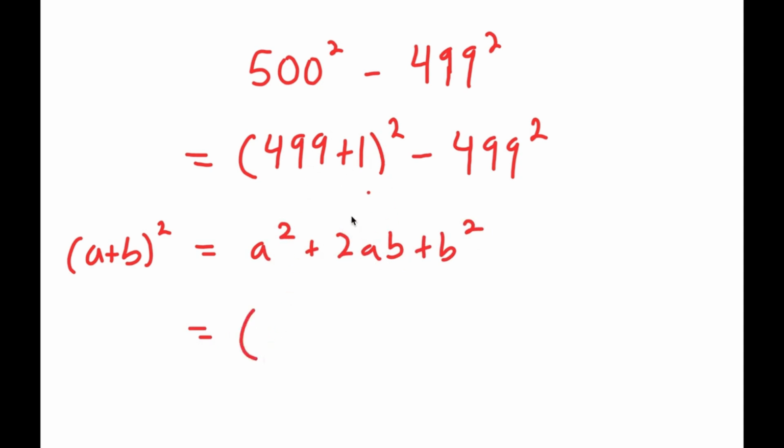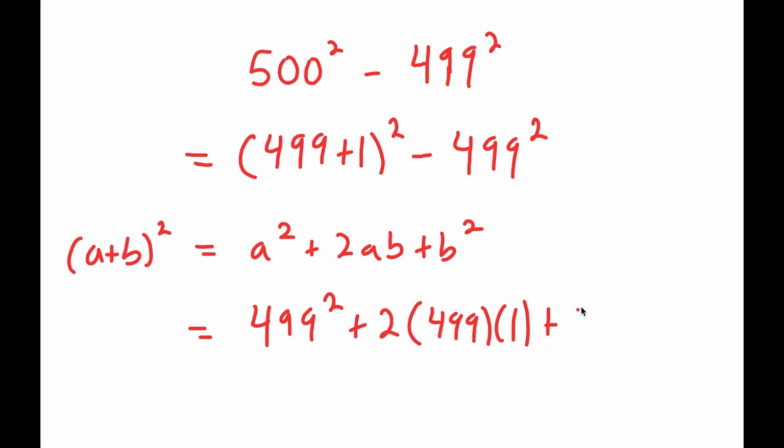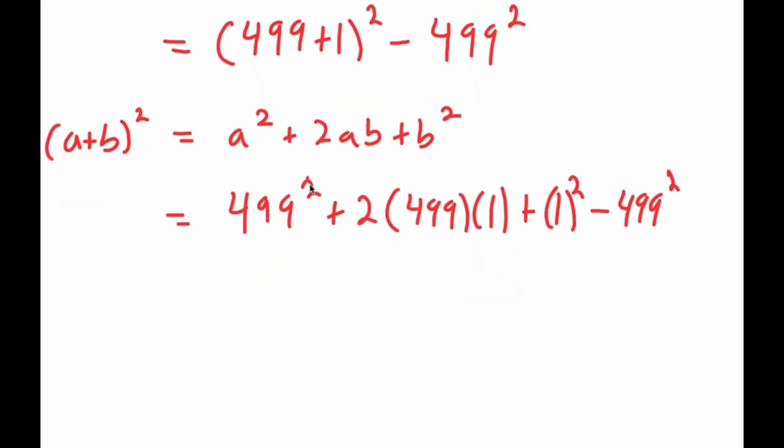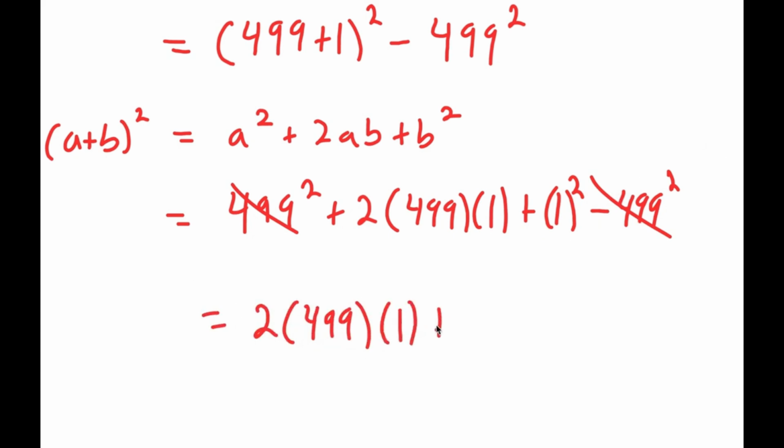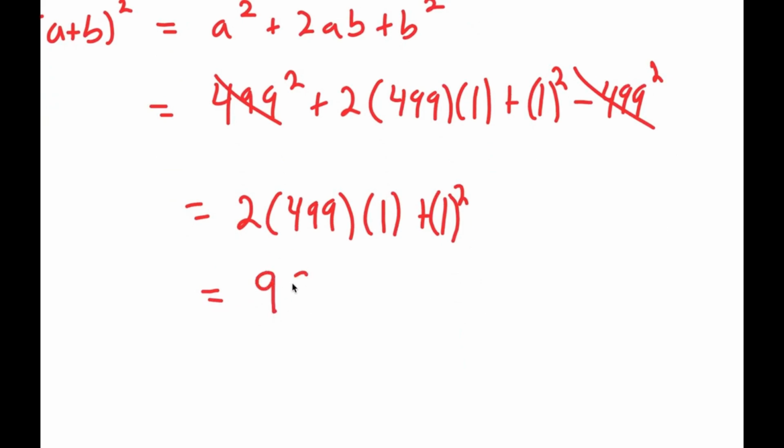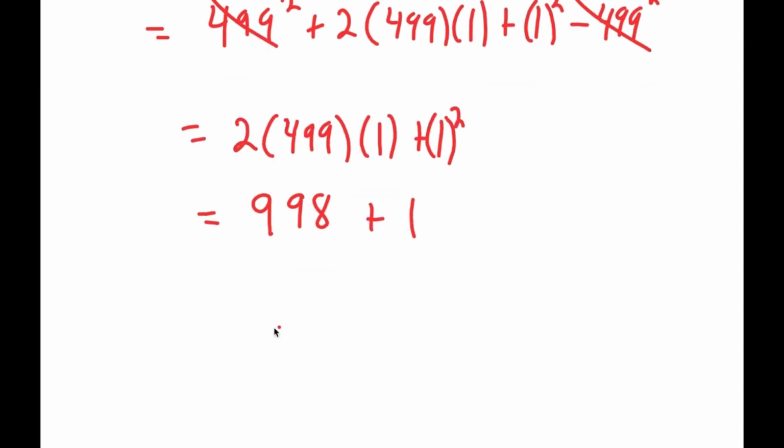So 499 plus 1 squared is turned into 499 squared plus 2 times 499 times 1 plus 1 squared, and I have this minus 499 squared. Now, I can cancel out 499 squared and negative 499 squared, so I'll be left with 2 times 499 times 1 plus 1 squared. 2 times 499 is 998, times 1 is just 998, and I have this plus 1 squared, which is plus 1, and this is equal to 999.